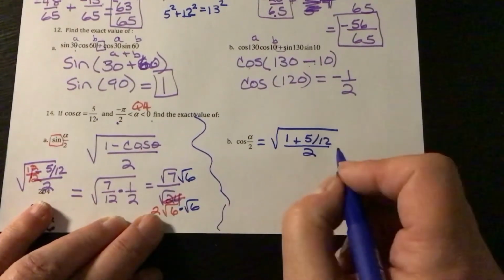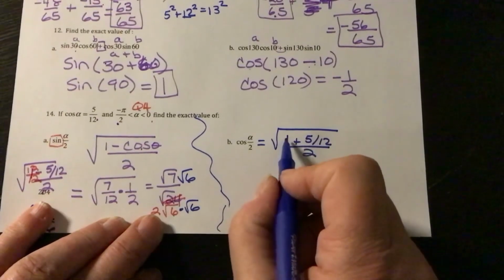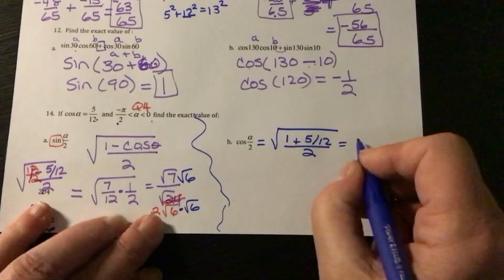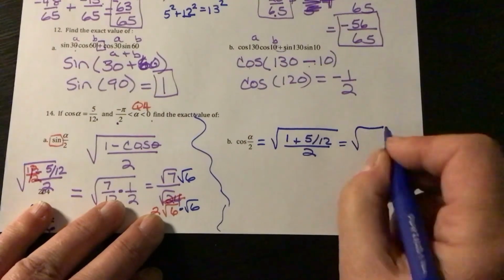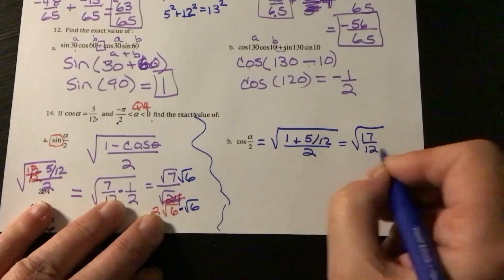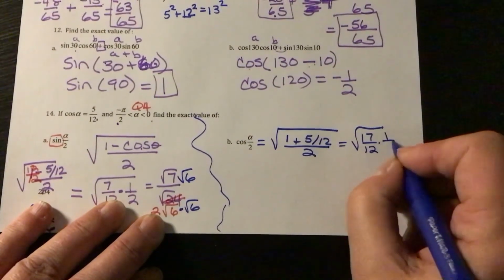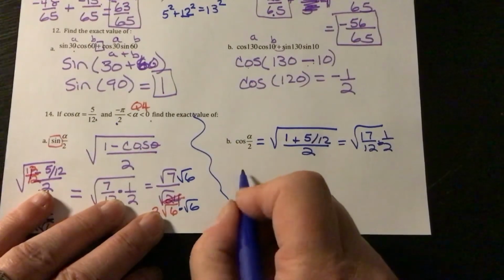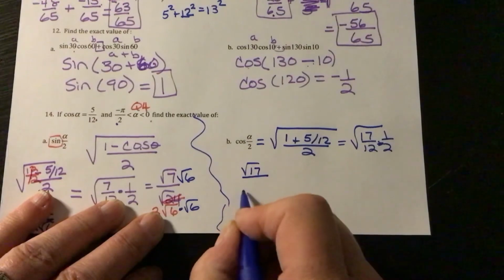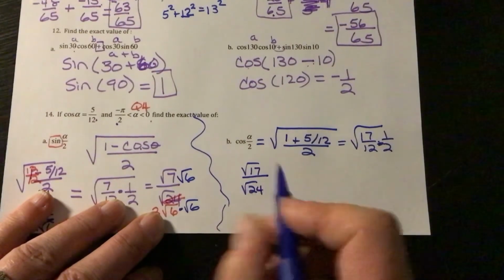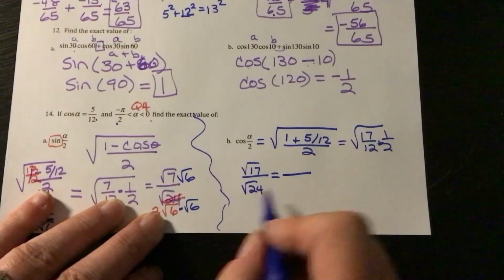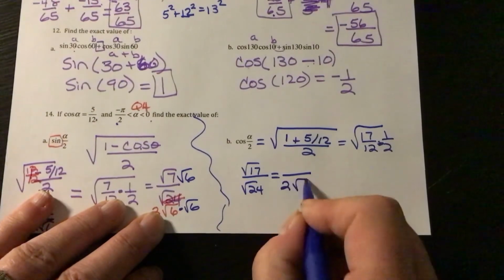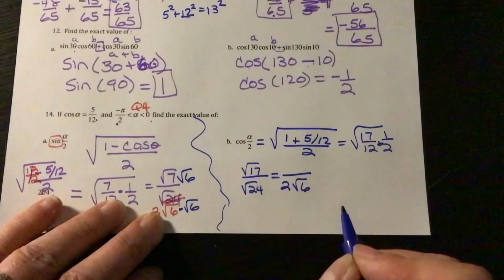So 1 plus 5/12, so 12/12 plus 5/12 is 17/12. And I'm going to divide by 2 or multiply by 1/2. So this is the square root of 17 over the square root of 24. And again, this on the bottom is 2 times the square root of 6.